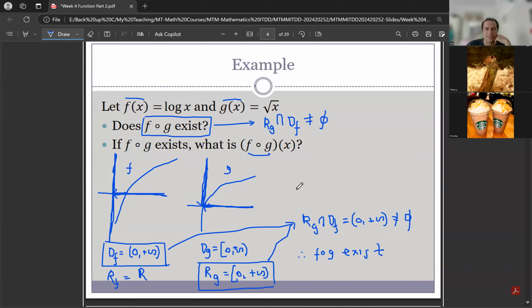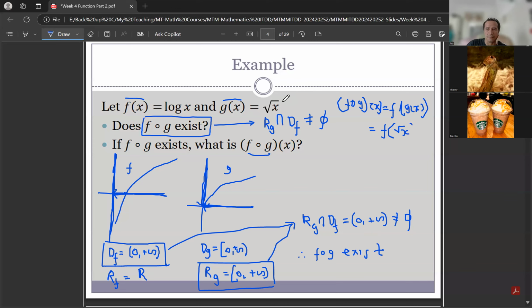So we can determine (f∘g)(x). From the definition, this is f applied to g(x), and g(x) is the square root of x.